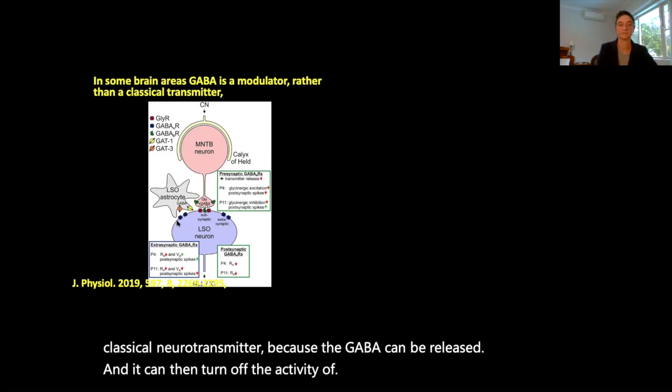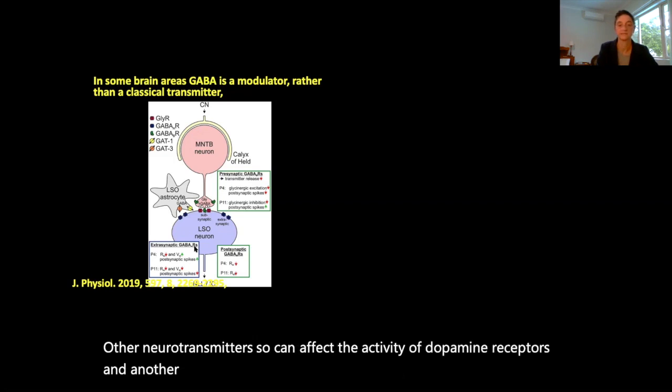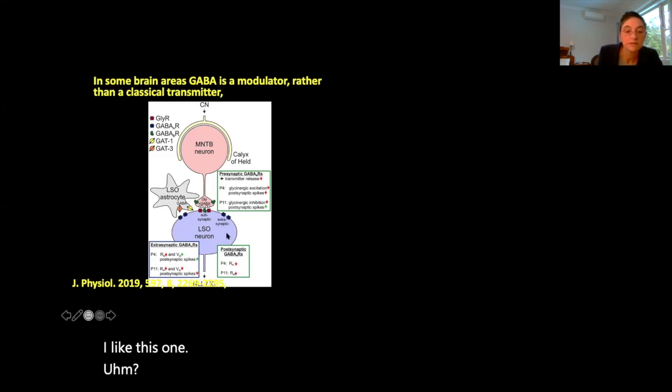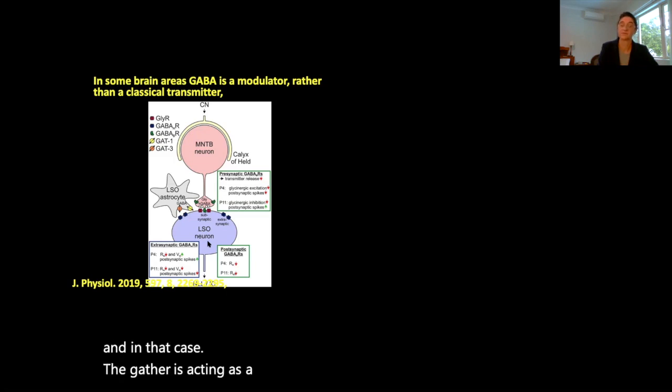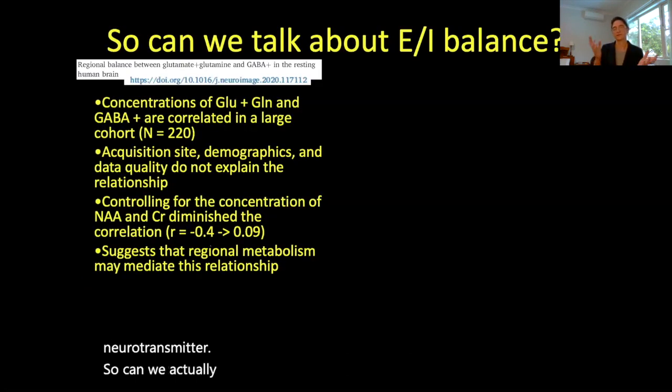So it can affect the activity of dopamine receptors and other ones. So in some areas of the brain, like this one, the LSO neuron, in that case, the GABA is acting as a modulator rather than as a classical neurotransmitter. So can we actually talk about excitatory inhibitory balance?